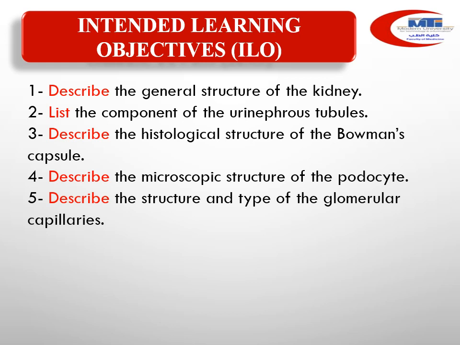We will start with the kidney itself, and then we will go to the uriniferous tubules, the tubules that contain urine, and then the Bowman's capsule, and then we will study a cell called the podocyte, and lastly we will go through the glomerular capillaries that deliver the blood to the Bowman's capsule, to the structure, the corpuscle.